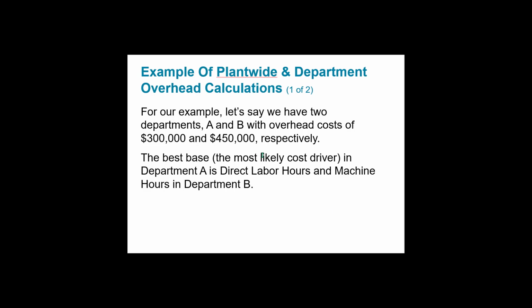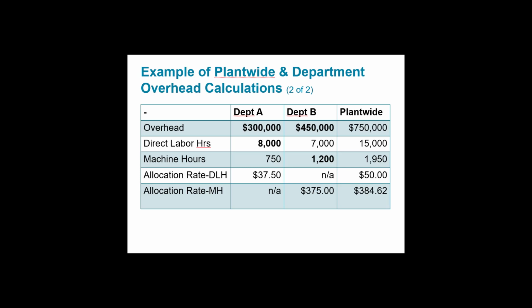So in our example, we have two departments, A and B, with overhead costs of $300,000 and $450,000. Department A uses direct labor hours as a base, while Department B uses machine hours. So here's our overhead for A and B, $300,000 and $450,000, so our total plant-wide would be $750,000. Direct labor hours are 8,000 and 7,000.